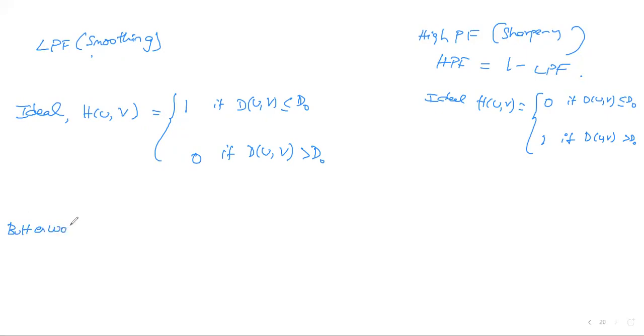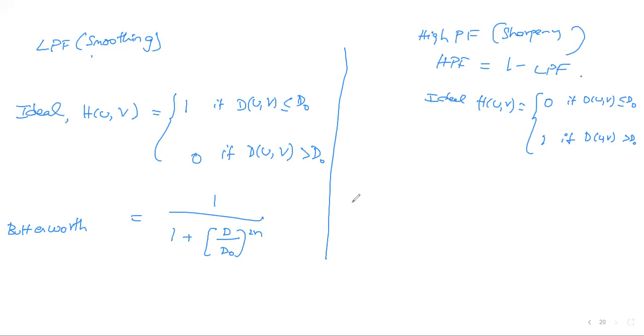Next, the Butterworth low pass filter. The Butterworth low pass filter is given as H of u comma v equal to 1 by 1 plus (D by D naught) whole power 2n.